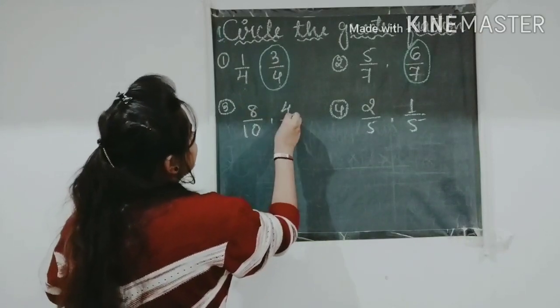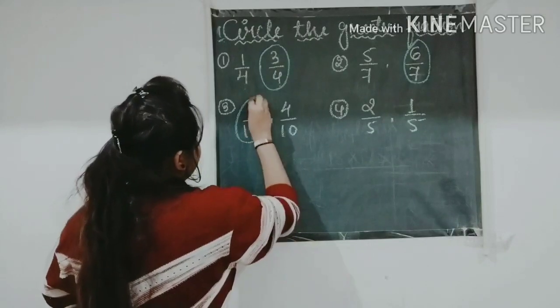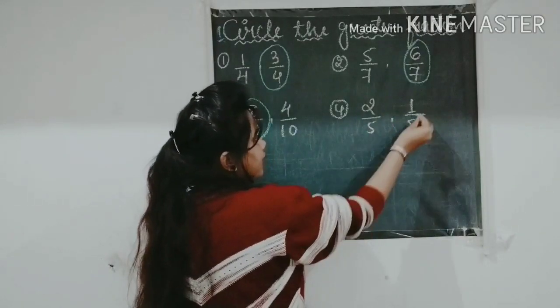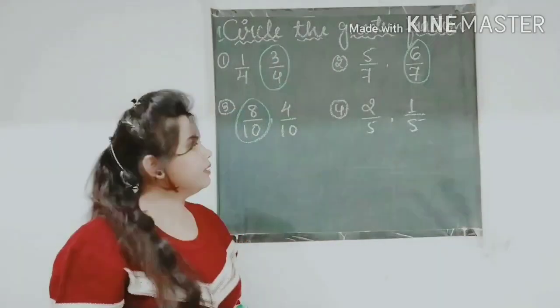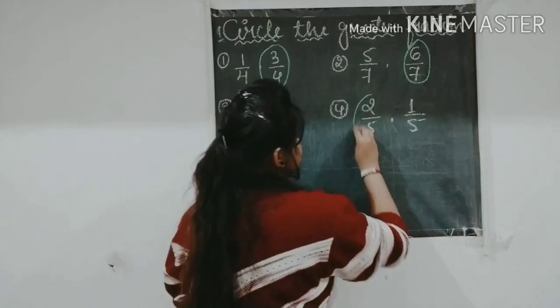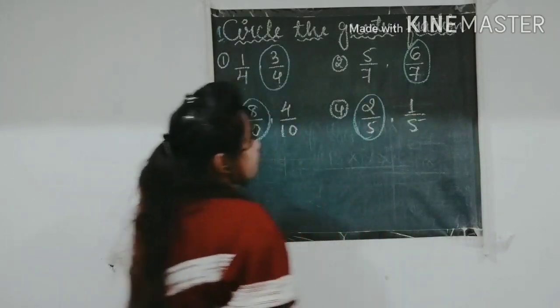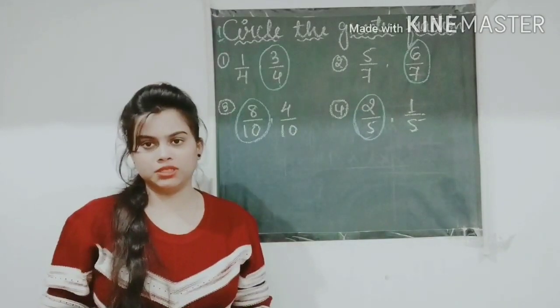So check the numerator. 8 is greater than 4. So circle 8 by 10. Question number 4. 2 by 5, 1 by 5. Which fraction will be greater? Yes, 2 by 5 is greater because 2 is greater than 1. Right? Like this you have to solve the rest of the questions.